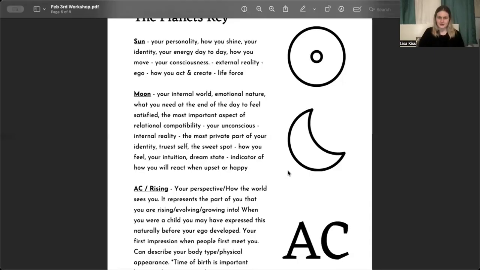So, what else do I have written there? Yeah, it's how you feel, how you express emotion, but also what you need, how you want to nurture yourself. As a Gemini, that's my sun sign, I love teaching. I love learning new things. And I started a new course this weekend.